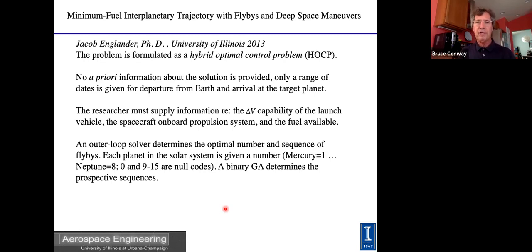Then, of course, you do have to give it information about what launch vehicle is being used so that you know what your hyperbolic excess velocity will be when you leave the Earth. You need to provide a little bit of information about the onboard propulsion, so you know how much fuel would be consumed in a mid-course impulse, just basic stuff like that. But no, you don't have to supply any instinct as to what the solution will look like.